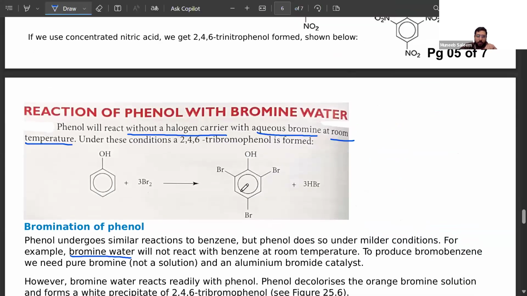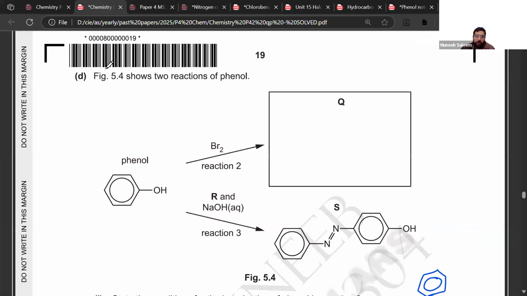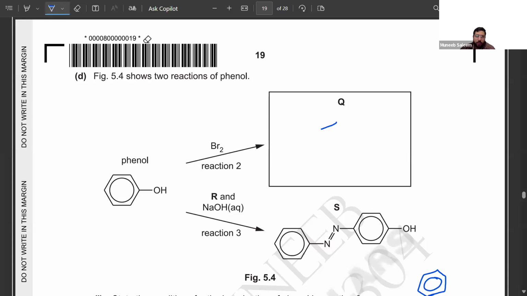We have 2,4,6-tribromophenol formed here. You will need to draw a structure similar to the question. So the OH is present here, and 2,4,6 means one bromine should be here, another bromine should be here, and then another bromine over here, along with the ring inside.